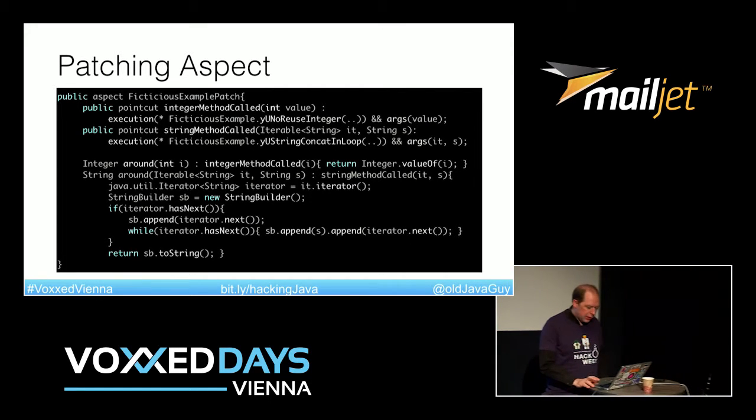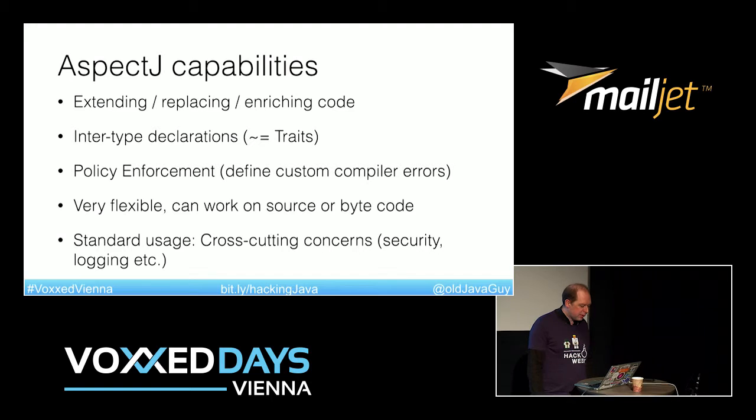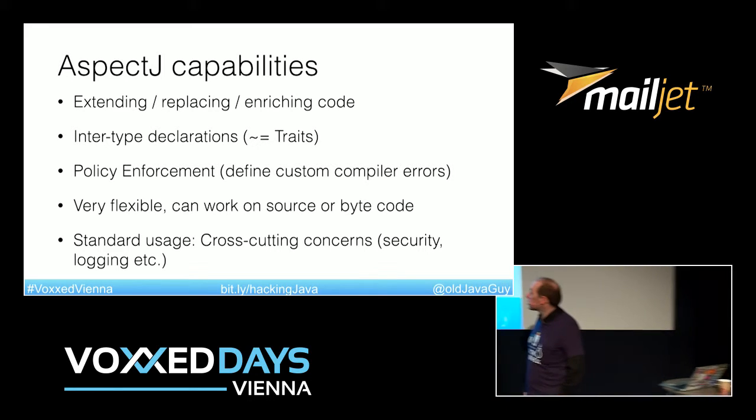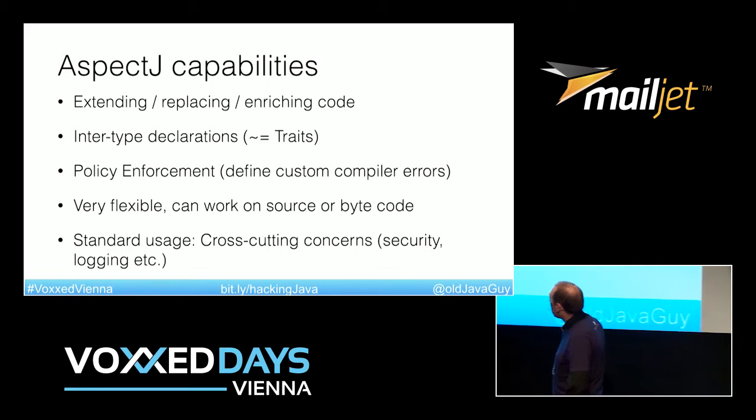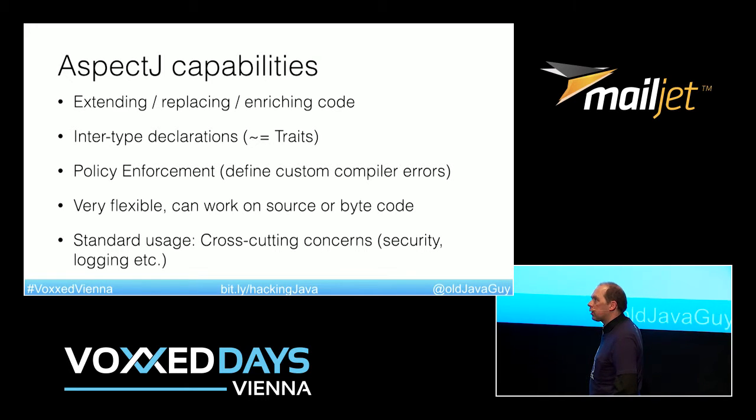And yeah, AspectJ can do a lot more than that. In this case, I've been replacing code, but usually you're enriching code. You can also do intertype declarations in AspectJ. Now you're going to tell me Java 8 has default methods. I know, but traits are a lot more than that. You can assign a class different interfaces that also have fields and behavior.